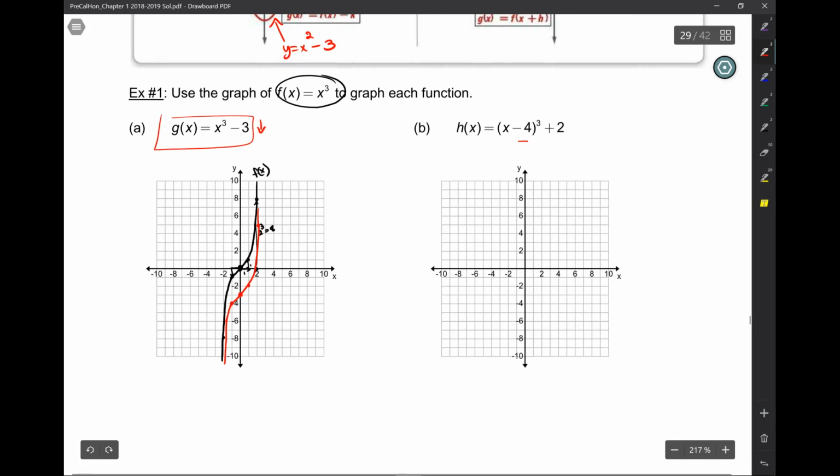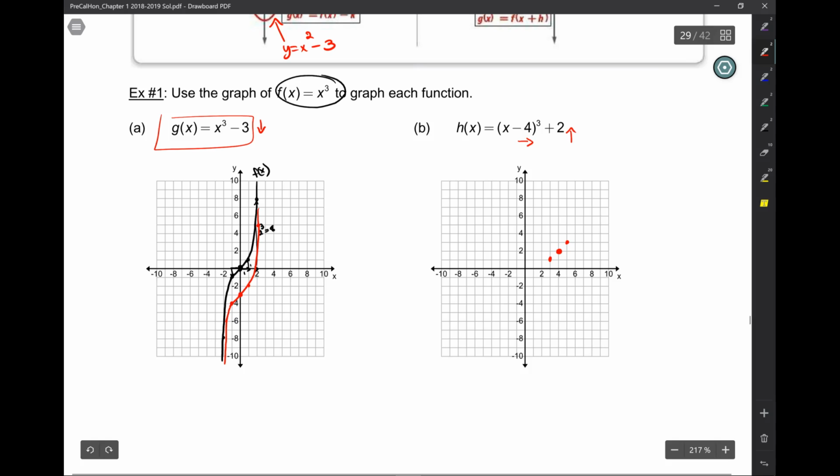We're going to move right 4 and up 2, so we're going to go over to 4 and 2. And again, this is an x cubed, same mechanism. If I go over horizontally 1 space, I go up or down 1 space. If horizontally I move 2, I need to go up and down like the cube of 2, 8.